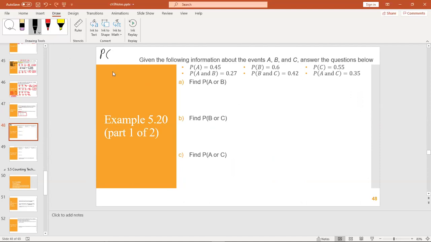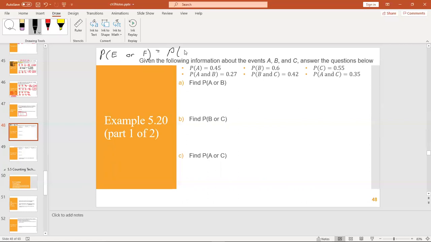Let's maybe use E and F. So the probability of E or F is going to be equivalent to the probability of E plus the probability of F minus the probability of E and F. That is definitely a formula you will want to know come exam time.